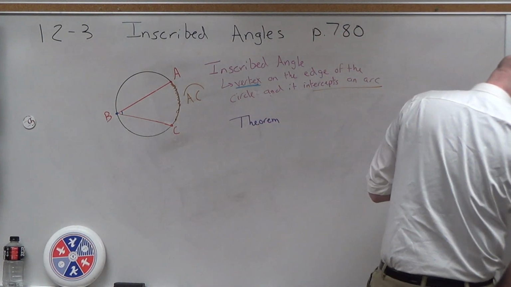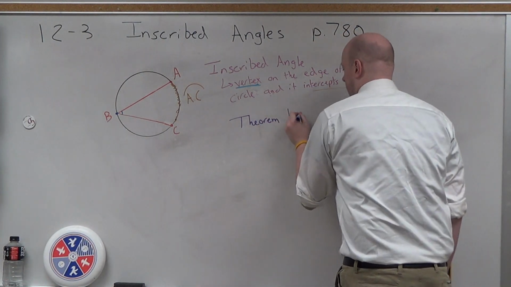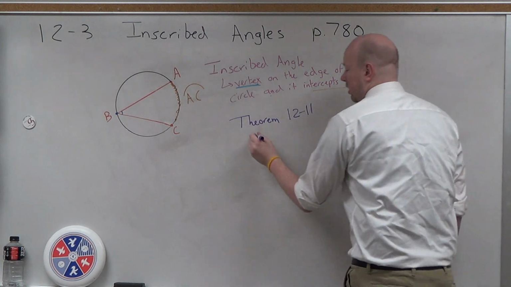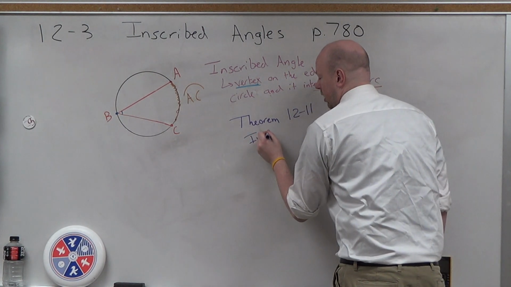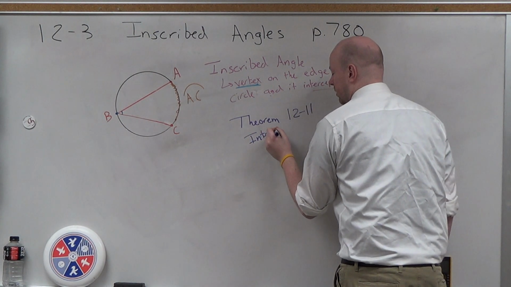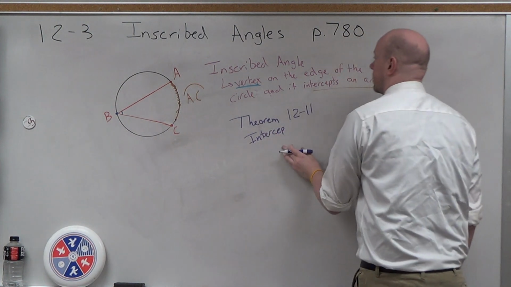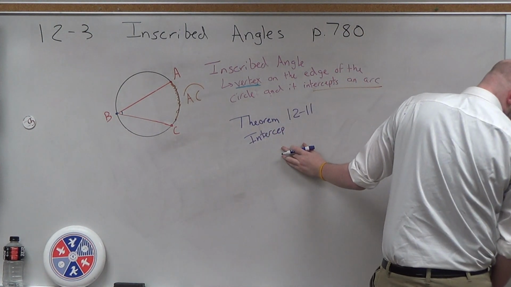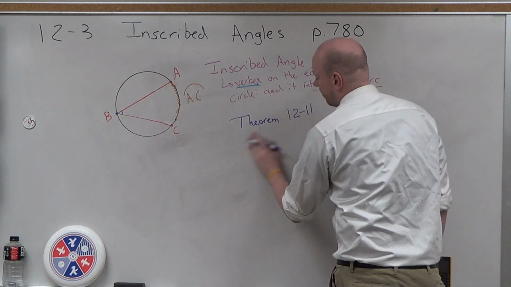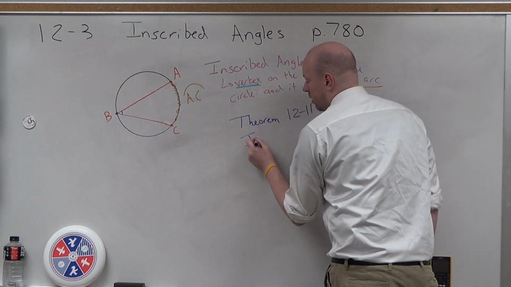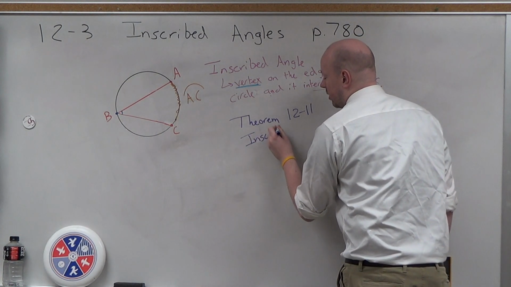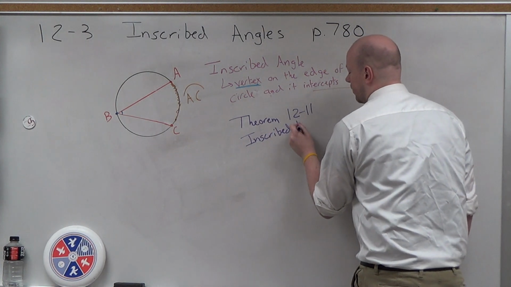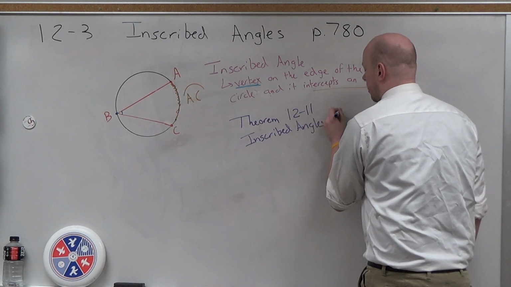What's the number? 12-11. It's called the intercepted arc theorem. It's called the inscribed angles theorem, isn't it? Inscribed angle theorem. My fault. Inscribed angles theorem.